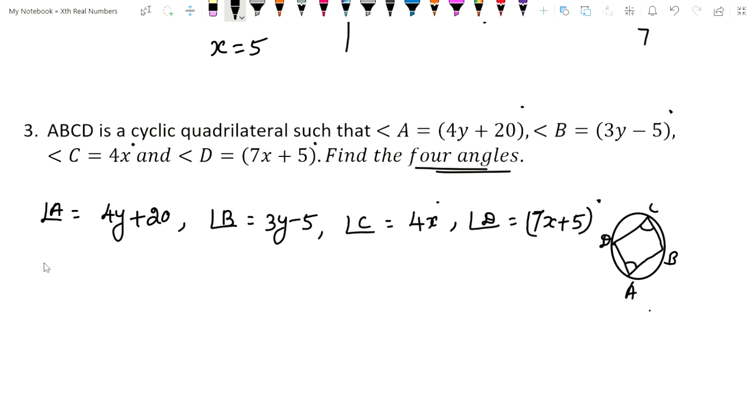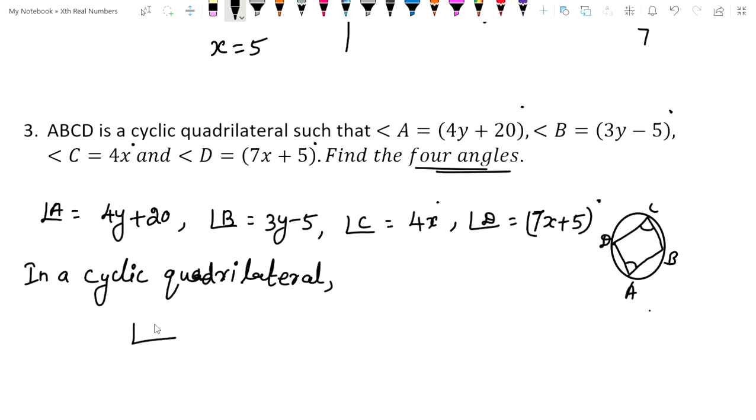In a cyclic quadrilateral, the sum of the opposite angles is equal to 180 degree. Okay, now we should add it. Angle A is 4y plus 20 plus angle C is 4x equal to 180 degree.